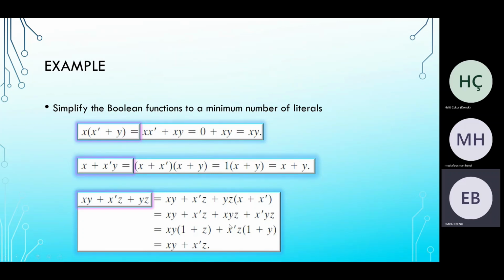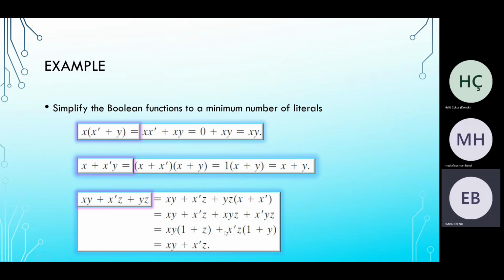And when you multiply it, x, y, z, or x prime, y, z. After that, you take it to the parentheses, x, y parentheses. 1 comes from here, and z comes from here. 1 or z.